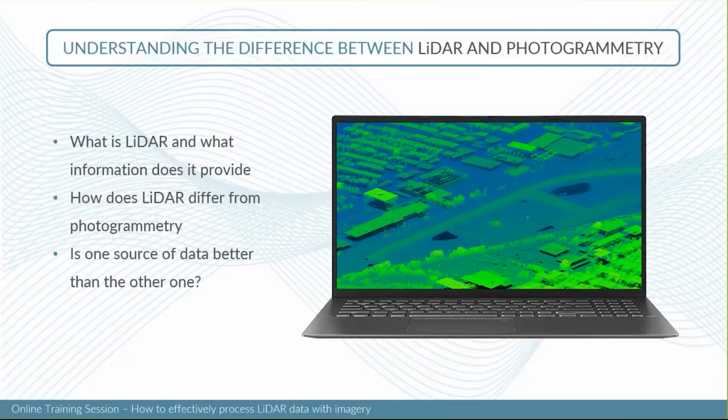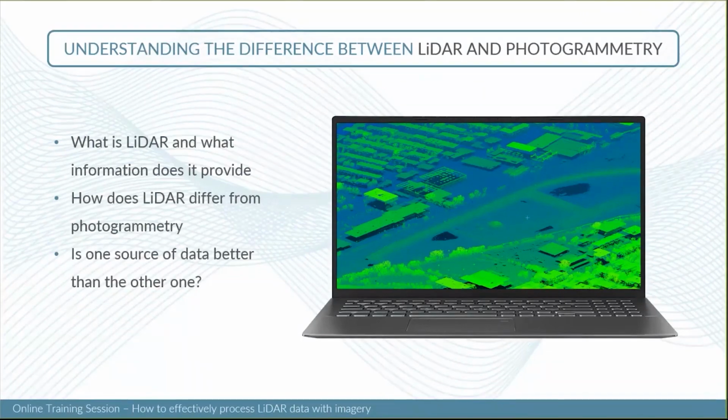LiDAR data provides 3D coordinates, such as the X, Y, and Z measurements, but also provides an intensity measurement, the amount of intensity that is returned from the pulse to the instrument.